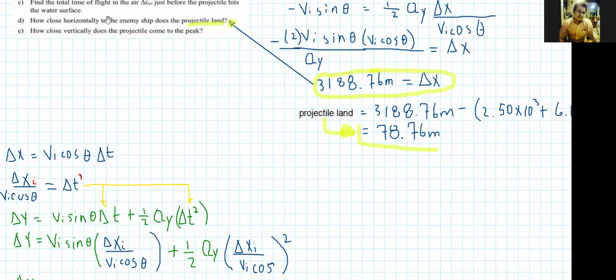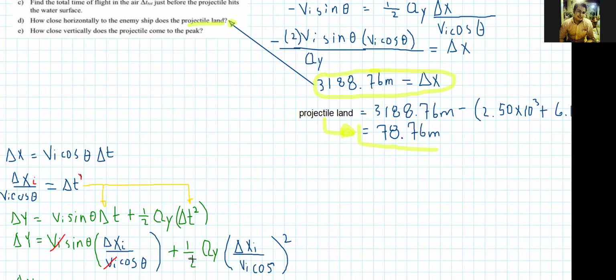Something important here is to look: you have the initial velocity as a numerator and the initial velocity as a denominator, so you're allowed to cancel this. And then sine over cosine is a tangent. This is a trigonometric identity: sine over cosine is a tangent. It doesn't matter if you don't simplify this; my answer will be exactly the same.